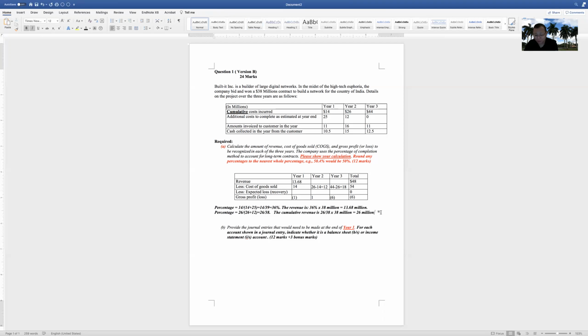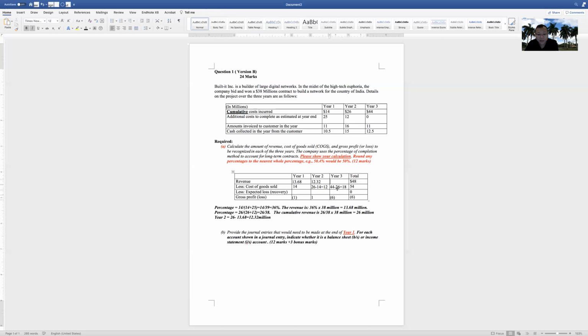So for year 2, that's going to be 26 minus 13.68, which equals 12.32. So in the second year, it's going to be 12.32 million.